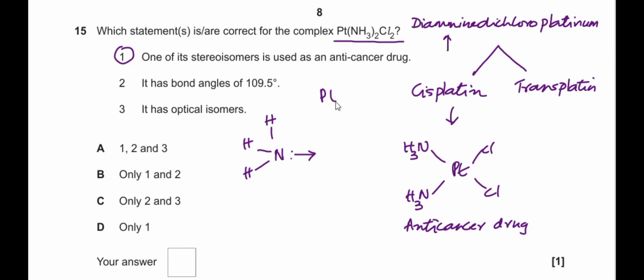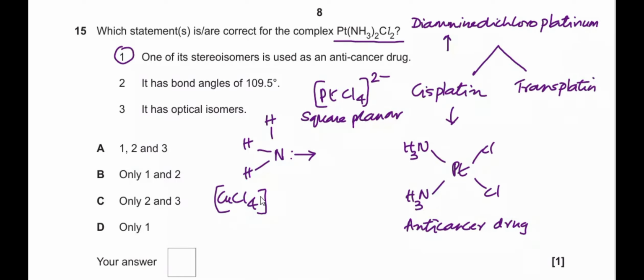Other example is PtCl4 2-. This is also square planar. So let me write here square planar. As a contrast, please memorize that CuCl4 2- or CoCl4 2- are tetrahedral in shape.